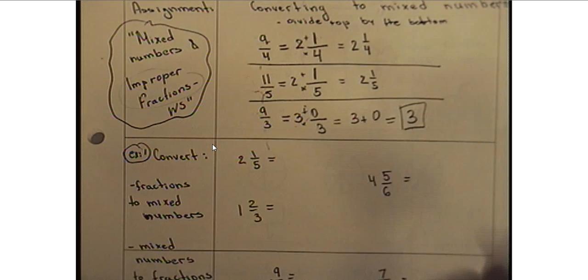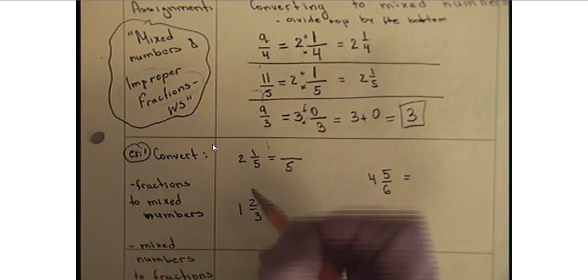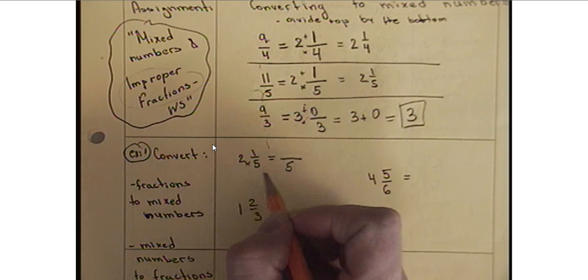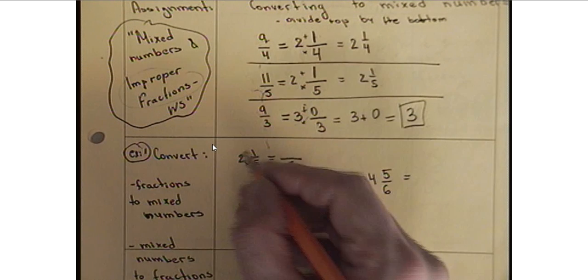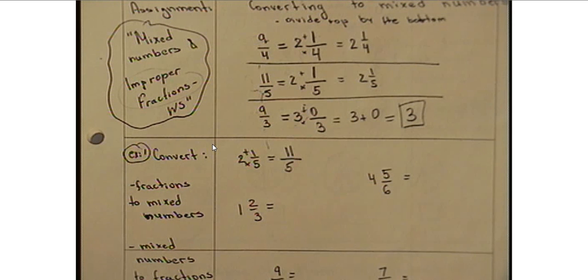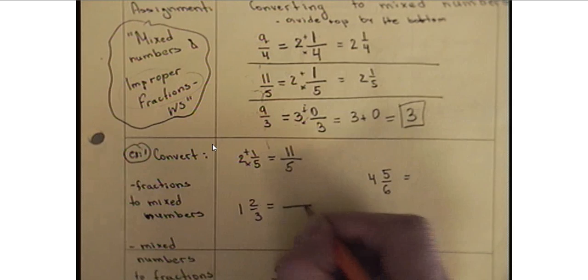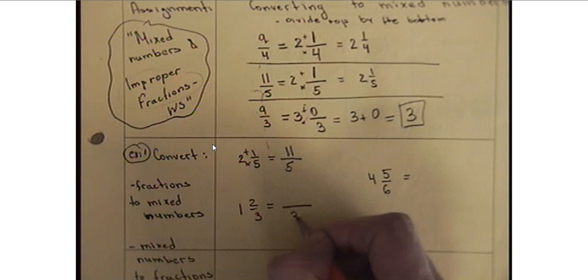So again, we follow the same steps. Same denominator. What we need to do here is multiply those two. 5 times 2 is 10, plus 1 gives us 11. So 11 over 5 will be the improper fraction for this mixed number. Okay, same thing over here. 3 stays on the bottom, same denominator.